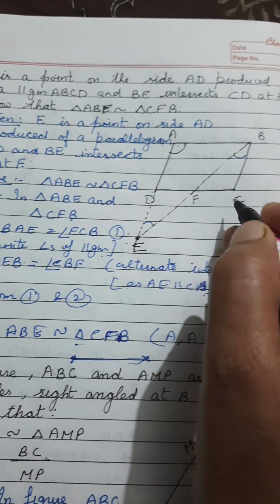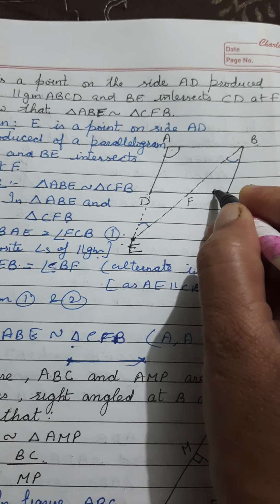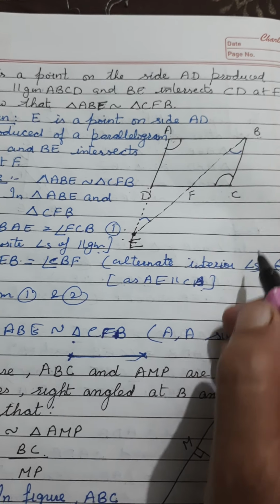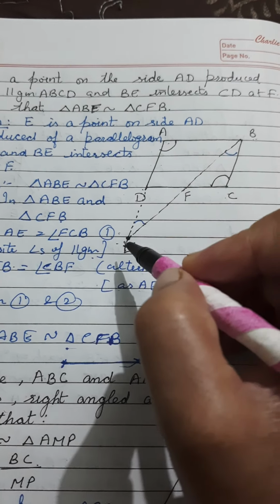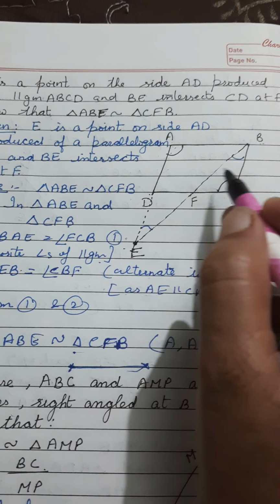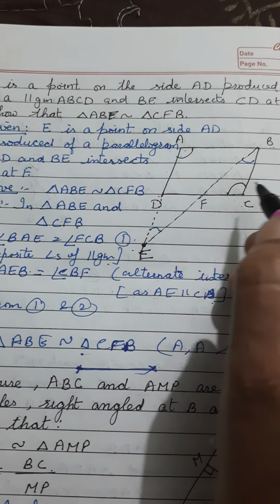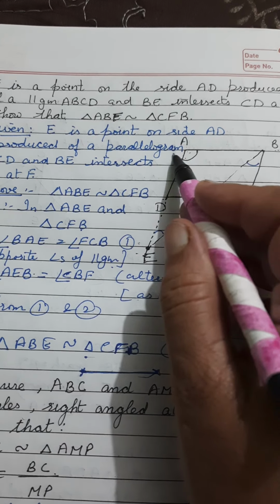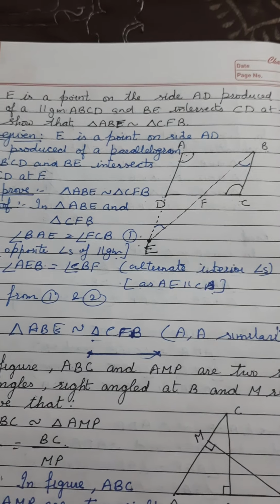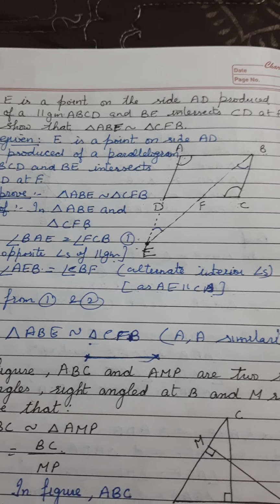This is an angle of the parallelogram, and this is also an angle of the parallelogram. These angles are equal because opposite angles of a parallelogram are equal.